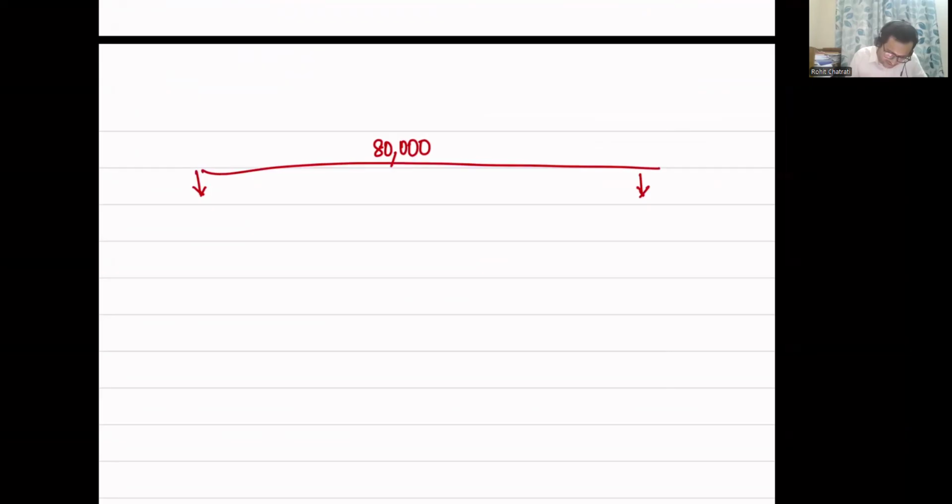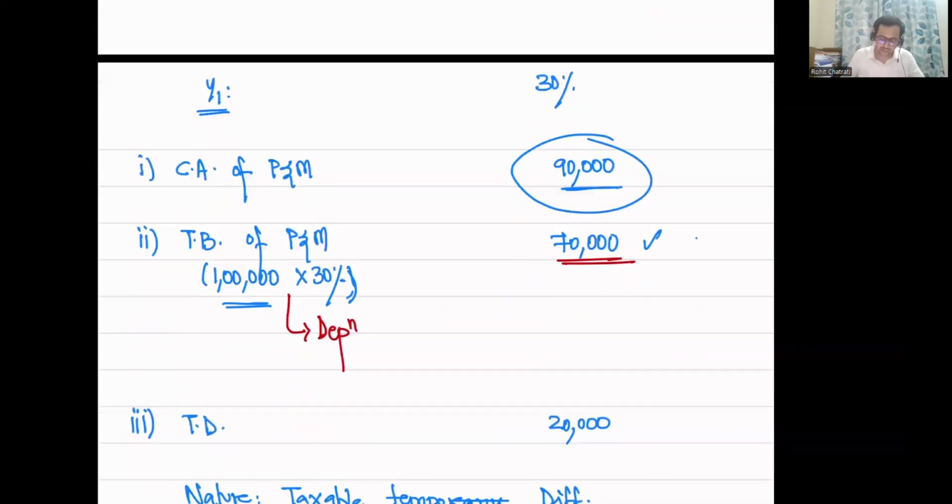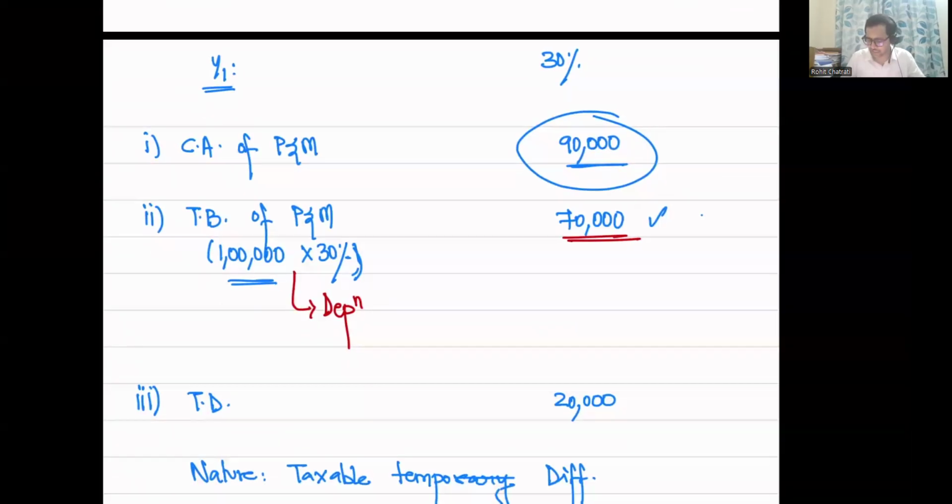The first is the difference due to depreciation, which is equal to rupees 20,000. How do I know that this is equal to 20,000? Because when I did the calculation assuming that there is no revaluation, I had a temporary difference of 20,000.